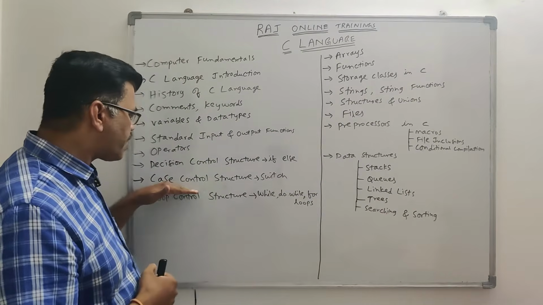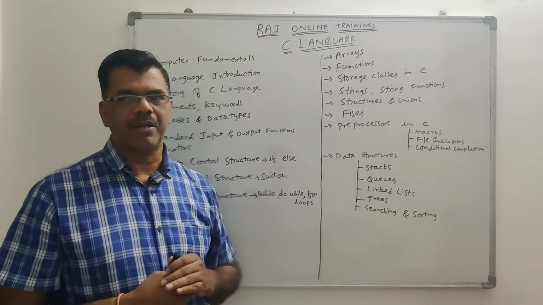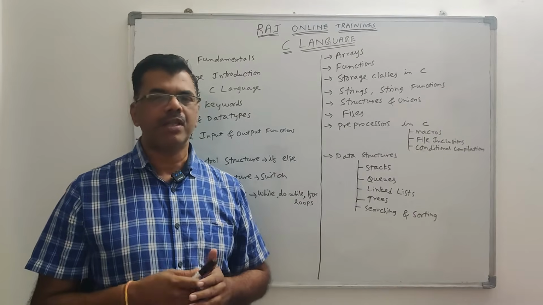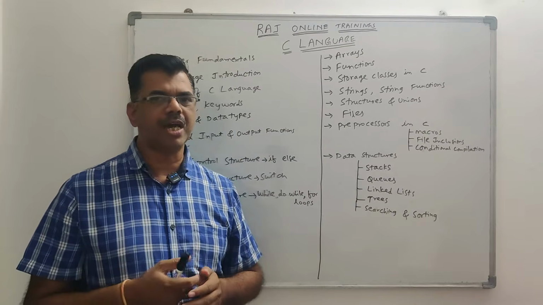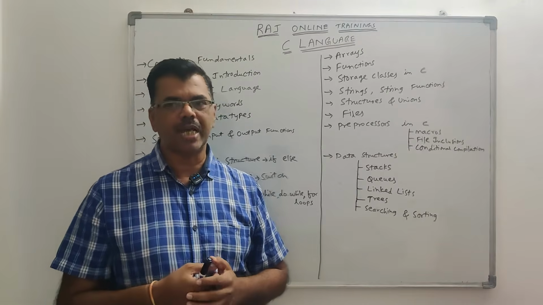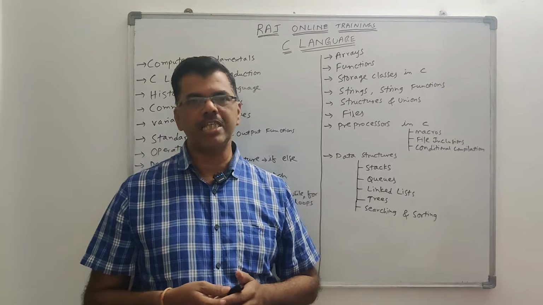The next one, case control structure. Here we are going to learn about the switch statement. This switch statement is mainly for menu driven applications. The meaning of menu driven applications is like when you go to a bank ATM, we will have some set of options like withdraw, pin change, mini statement.